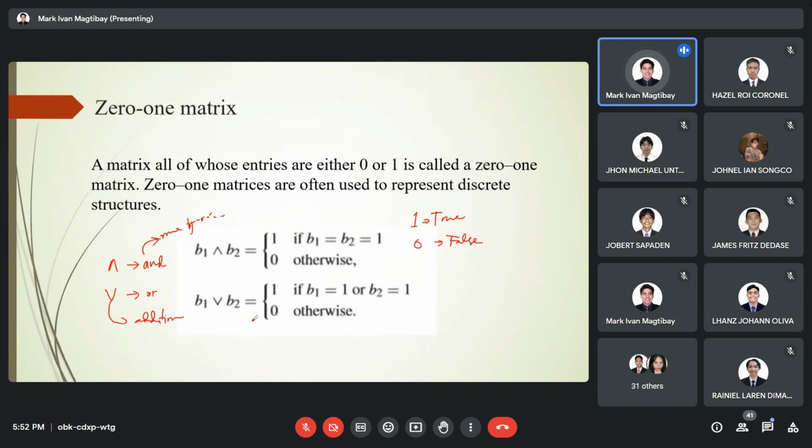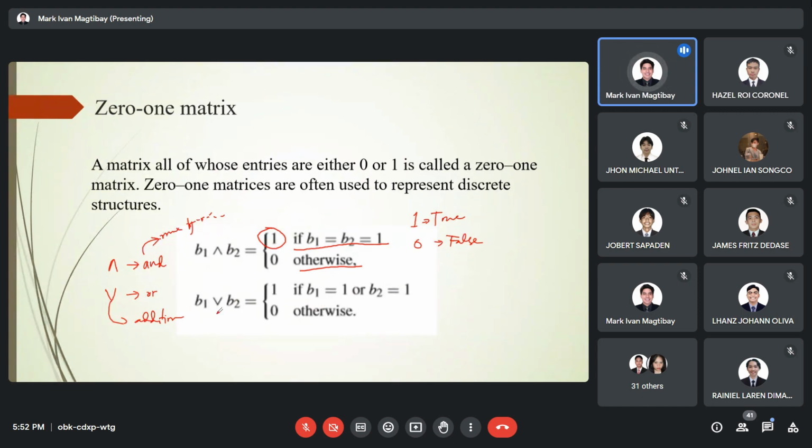Kung naalala nyo pa yung mga truth table natin sa ating mga propositional logic, na kapag conjunction, magiging 1 daw po yung ating output if pareho daw po ng ating inputs ay 1. Otherwise, 0 po yung magiging sagot po natin. Okay?